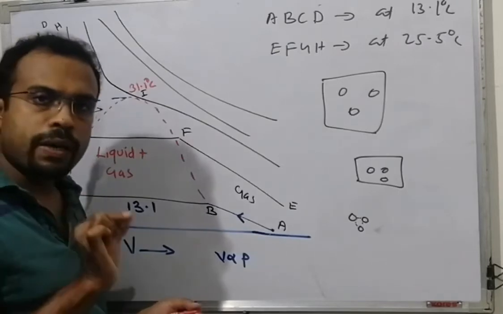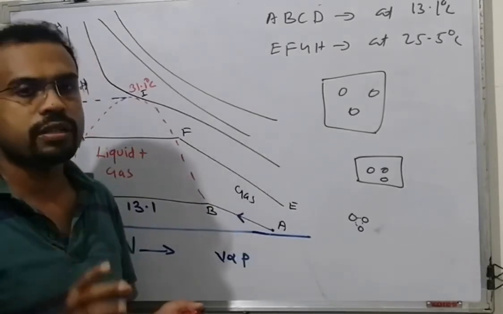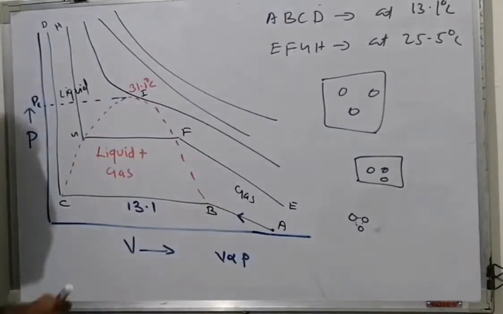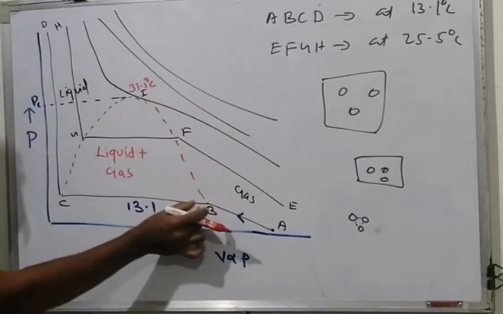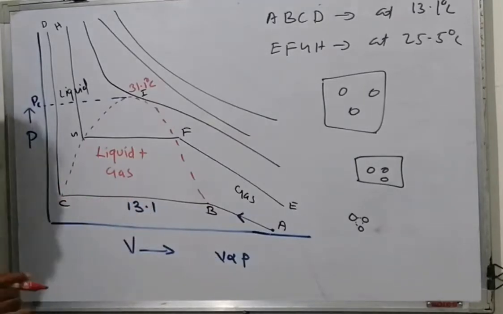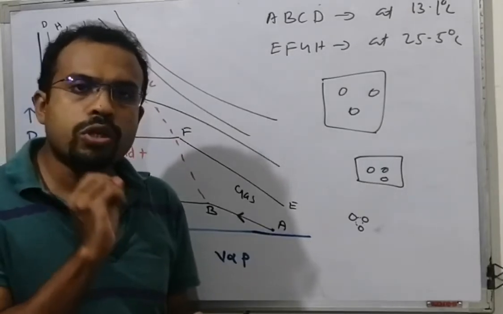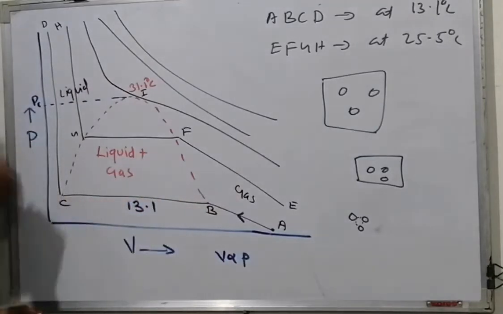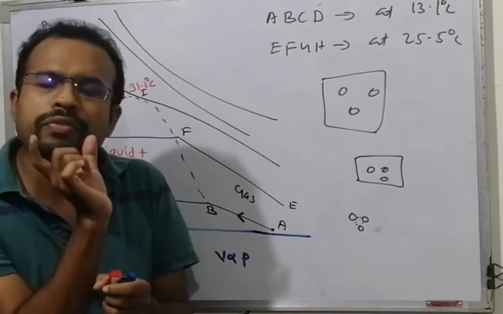Underline: at B, liquefaction begins. Not all gas is liquefied; certain gas becomes liquefied. From B, you notice that volume considerably decreased, but pressure is not changed. You know why? Because from B, gas is converted to liquid, and that continues till C. When all gas is converted to liquid, volume will be very small.